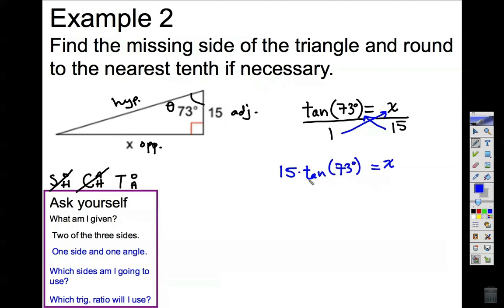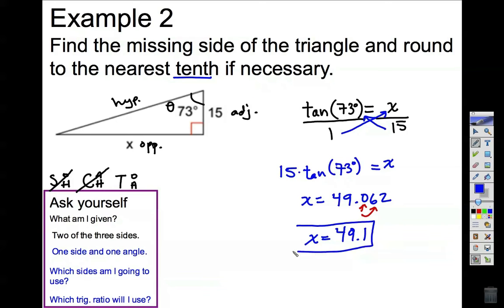I'm just going to use this in the calculator because it's already solved for x. And we get that x equals 49.062. I'm rounding to the nearest tenth, so x equals 49.1. Here's my tenths place. Look at the next digit. Yes, a 6 is bigger than 5. That's why the 0 rounded into a 1.